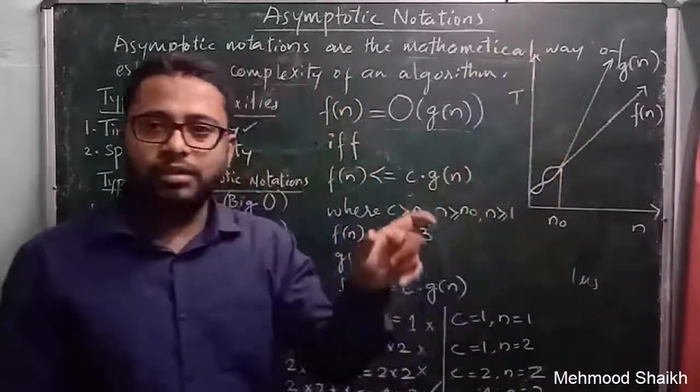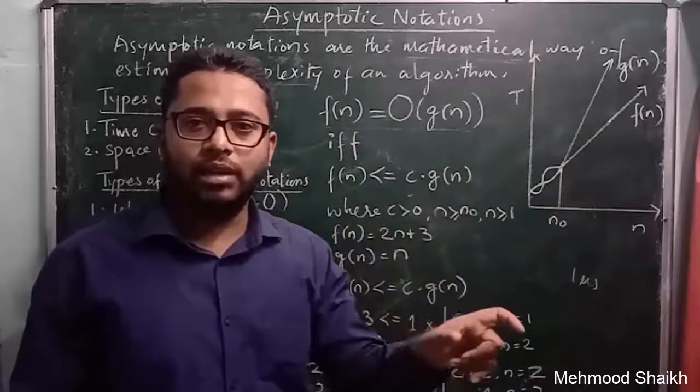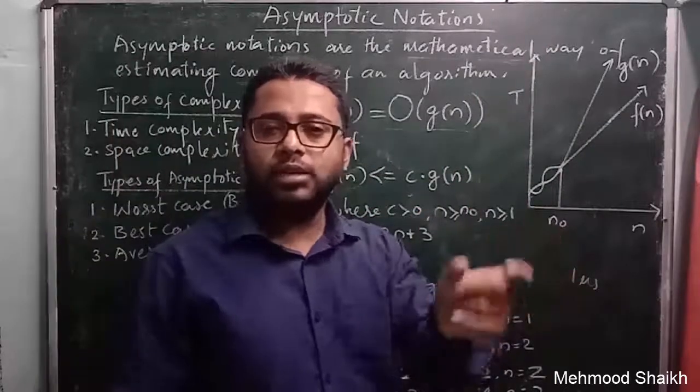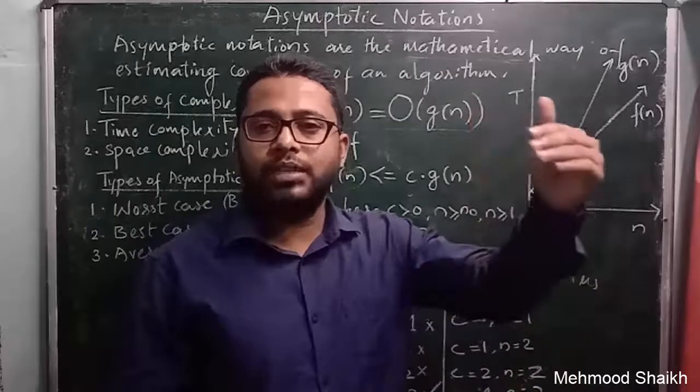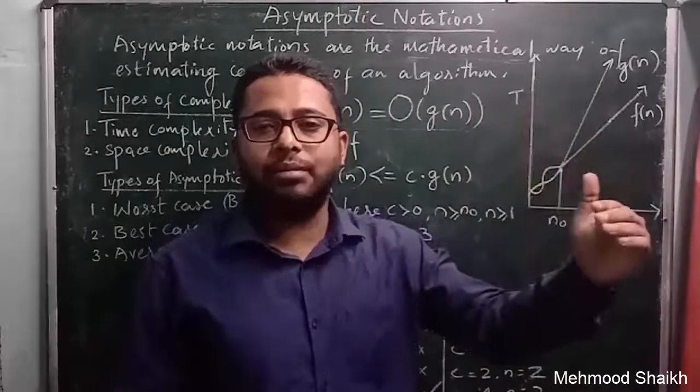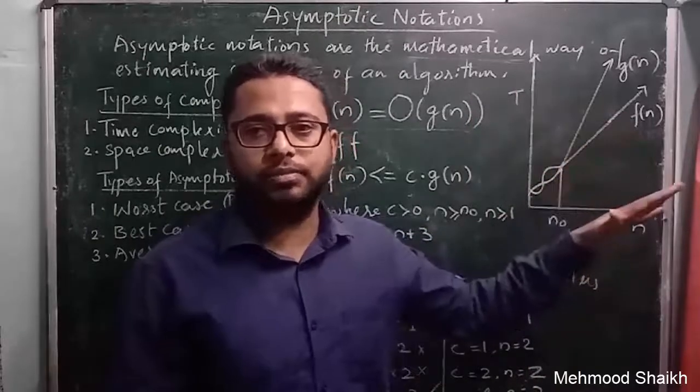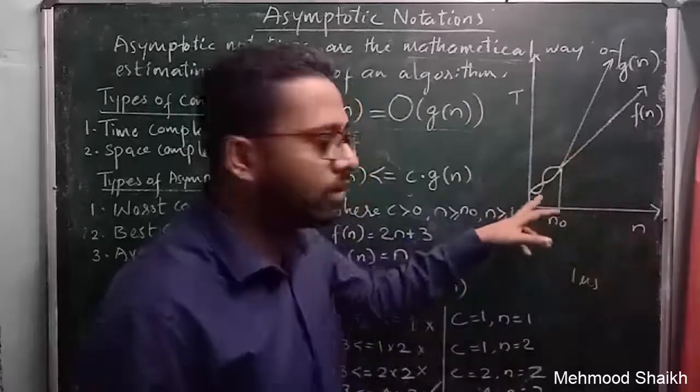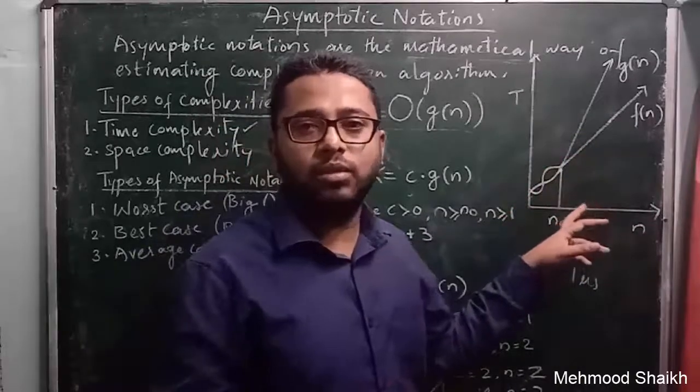Since we are estimating the worst case behavior of an algorithm, we try to estimate the maximum time required by that algorithm to execute. With this graph we are trying to estimate that worst case behavior.